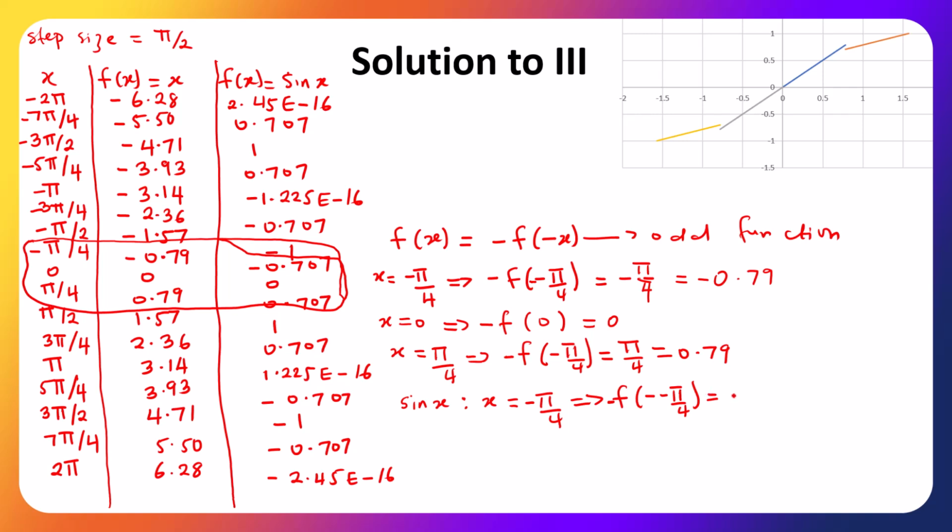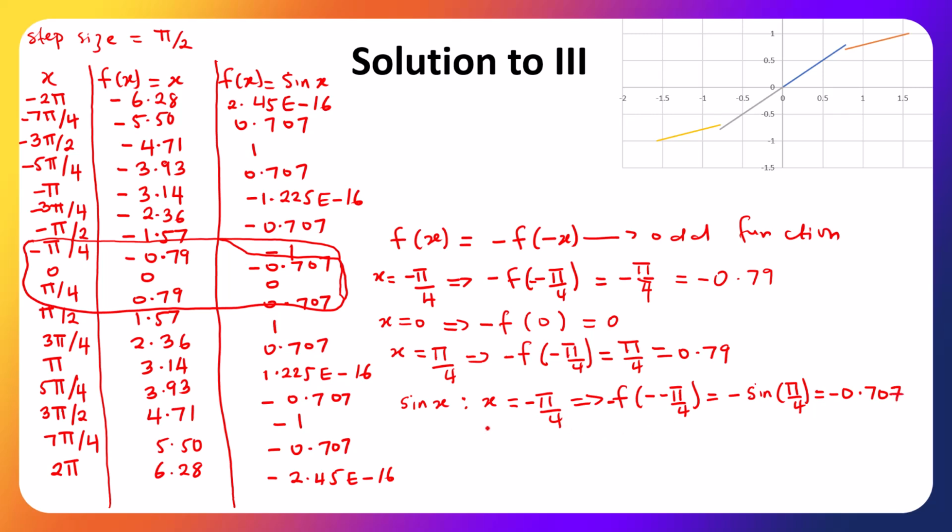This gives us minus sine of pi over 4, and this gives us minus 0.707.